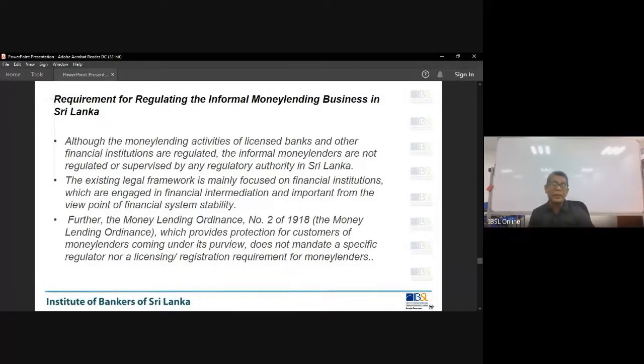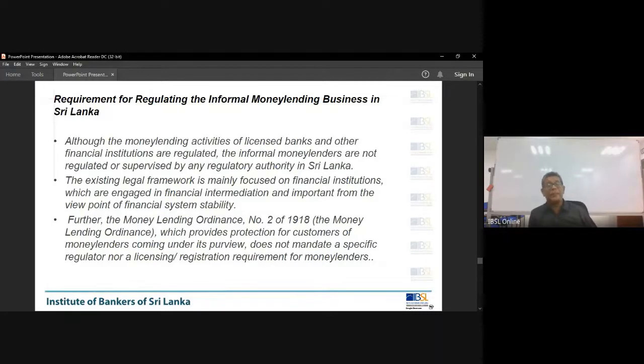Then there may be a requirement for regulating the informal money lending business. In Sri Lanka, the money lending activities of licensed banks and other financial institutions are regulated, but the informal money lenders are not regulated.